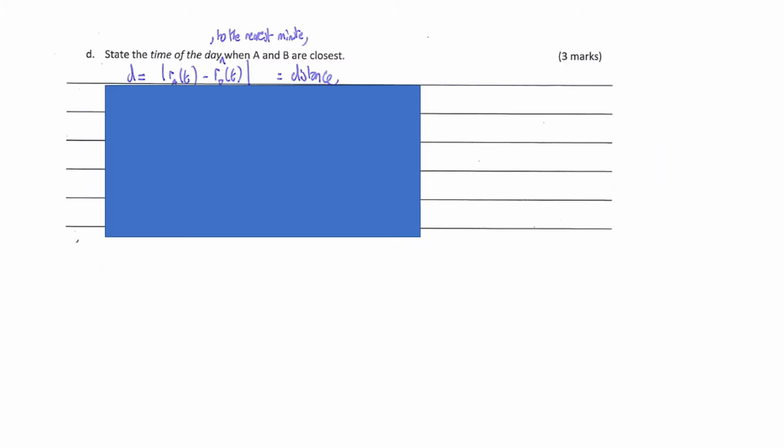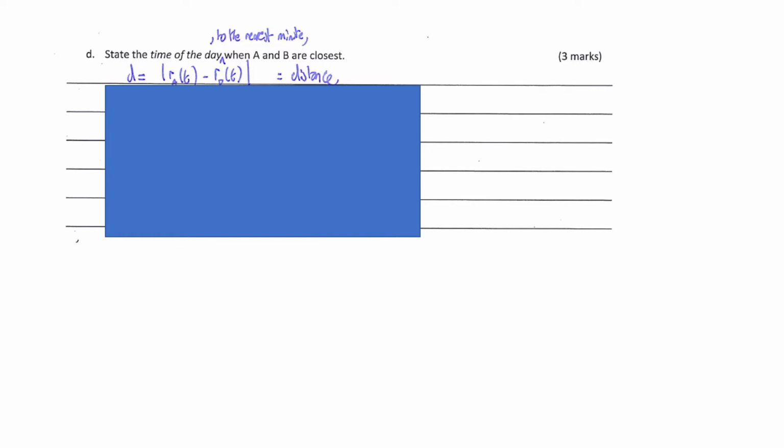All right, the next part of the question was: find the time of day when the boats A and B are closest. I just added, correct to the nearest minute. Now, the first thing to realize in these vector function questions is that the position vector function of one minus the position vector function of the other gives us the vector connecting the two boats for any given time t, and if I take the magnitude of that, then I've got the distance.